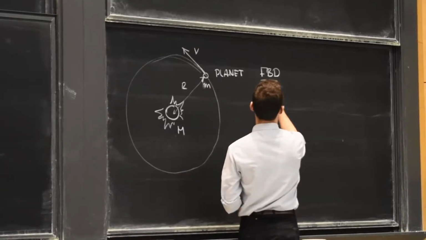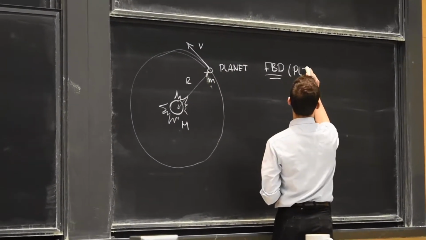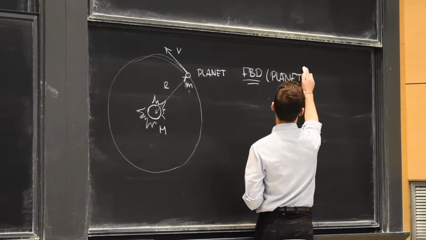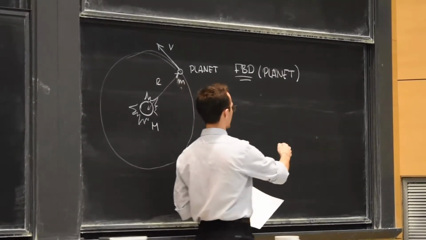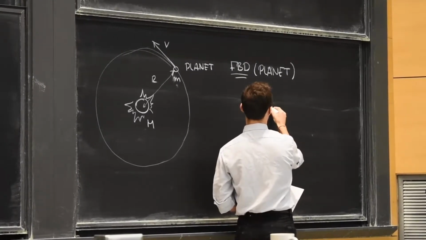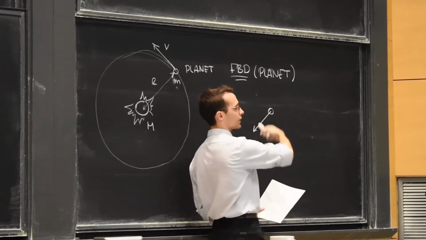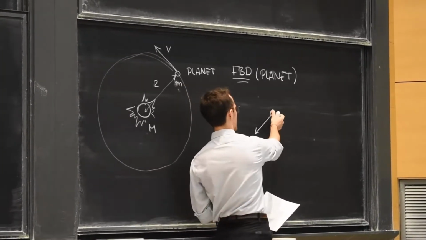All right, so our free body diagram on our planet is going to look something like this. We have our planet. Gravity is pulling it towards the sun. It's pulling the sun towards itself too, like we just discussed, but the sun is massive.